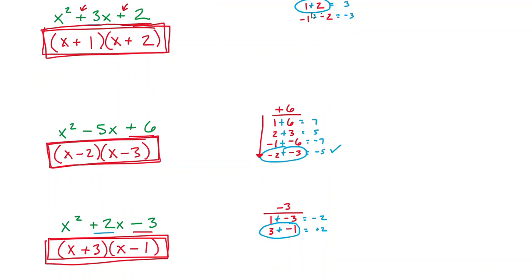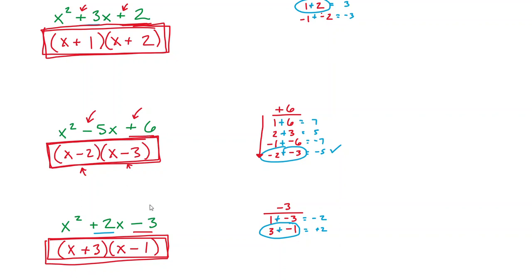And the factors were positive, and we have x plus 1 and x plus 2. The second one, the last sign was positive, positive 6, but that came from multiplying two negative numbers together, which is why we have a negative number first. So we have x minus 2 and x minus 3, because two negatives multiplied give me a positive, but two negatives added give me a negative.